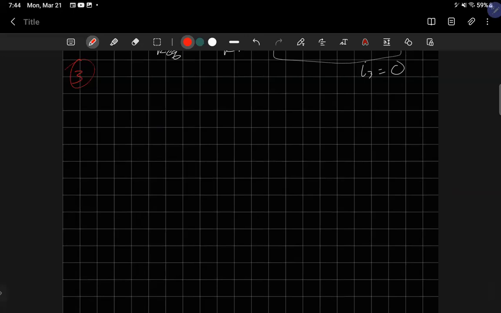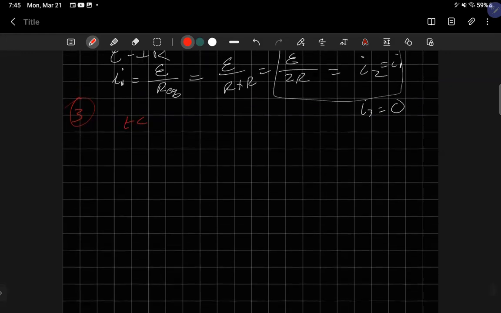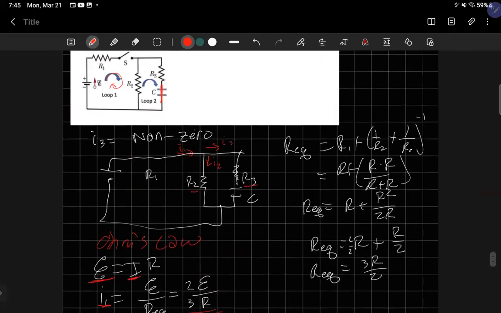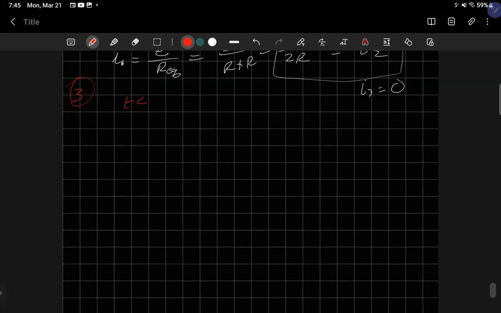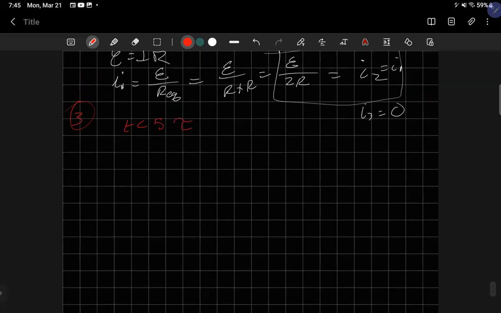So I know that t is less than 5 tau. I'm going to redraw this.